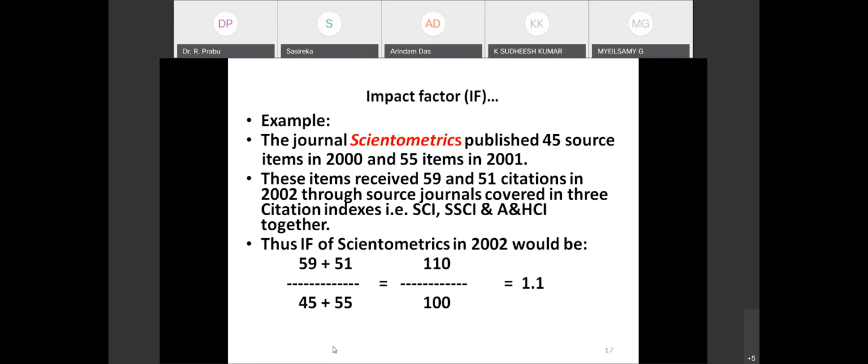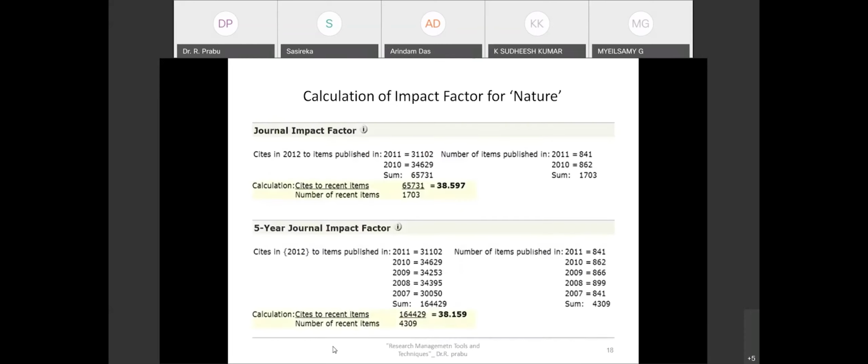The number of articles published is 45 plus 55, so 100. When you divide it, the impact factor is 1.1. So the impact factor of this journal in 2002 is 1.1.